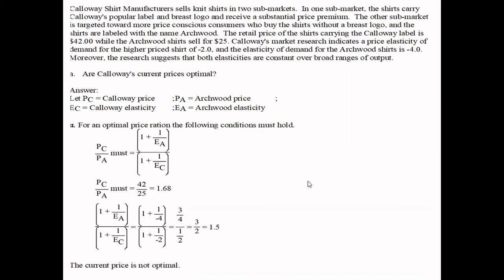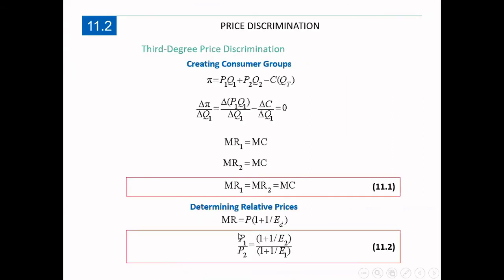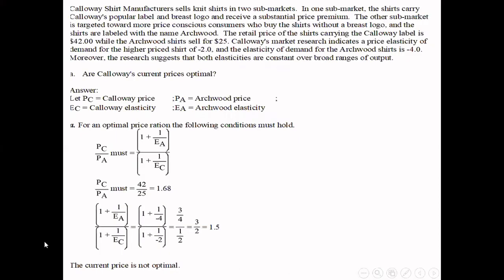If I go back a little bit, how can we determine whether different prices are reaching the optimum level or not? We compare the two market prices. In the previous slide, we used P1 to P2 and elasticity 2 with respect to elasticity 1. So I will write the equation for the Callaway price and the Arkwood price.